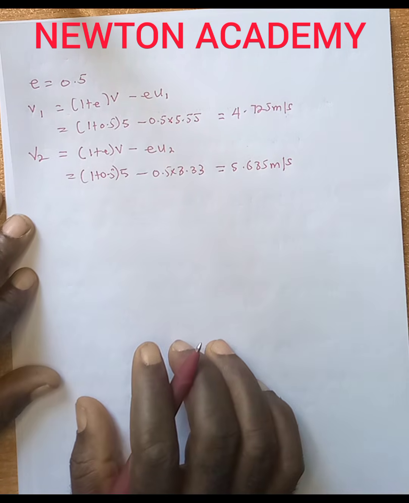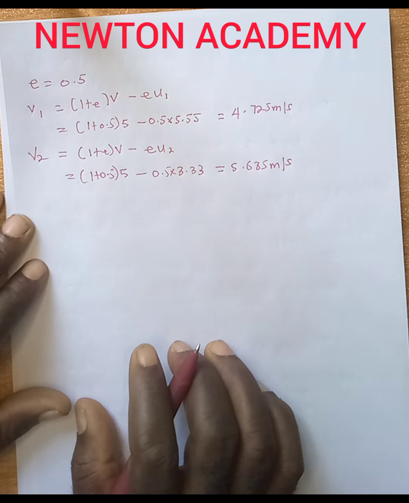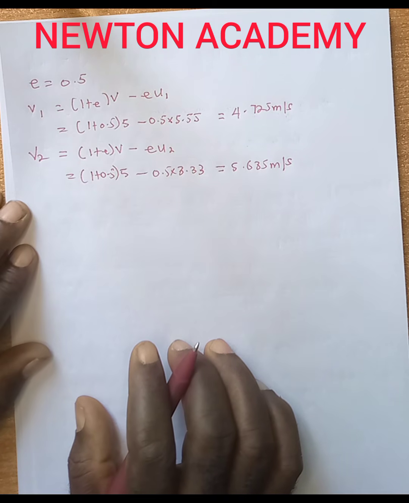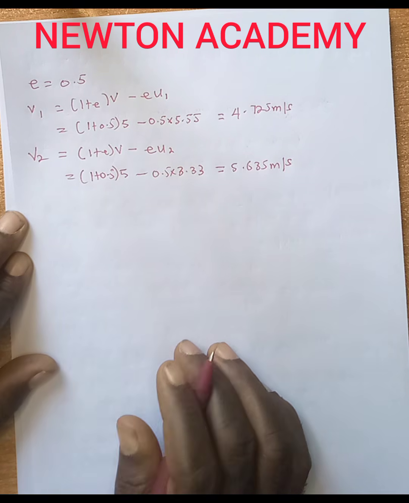Now, the next thing here is we need to consider the amount of energy dissipated during impact. And we know that the energy dissipated during impact is the difference in kinetic energy given. Then we are going to account for the coefficient of restitution here.